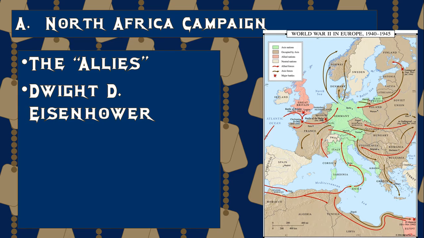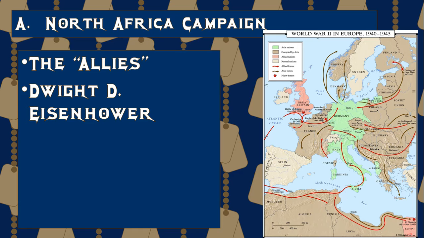Okay, so the North Africa campaign is months long. It's not just one battle. There are pivotal battles in it, but trying to keep it short and sweet and narrow it down to just a couple of main points is hard because it's really complex. Basically, this is the first major campaign in which American forces are really involved.